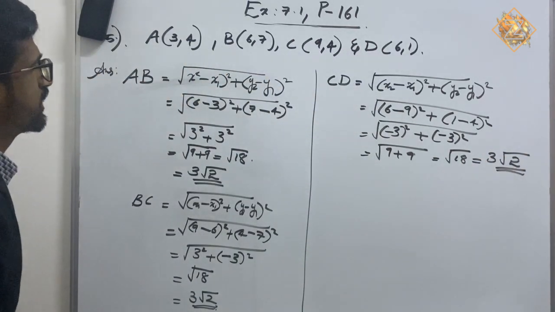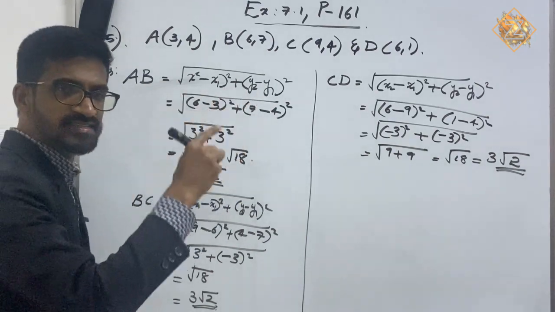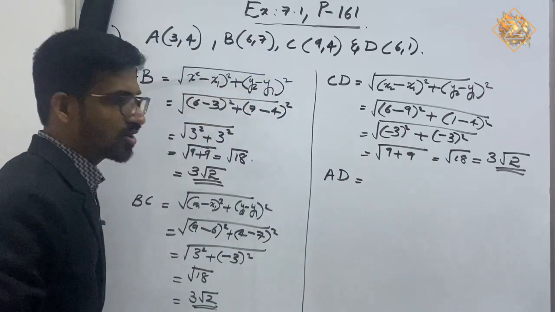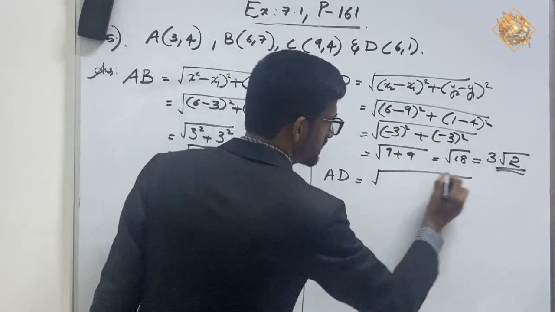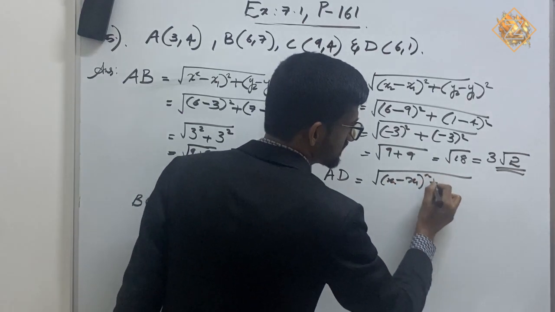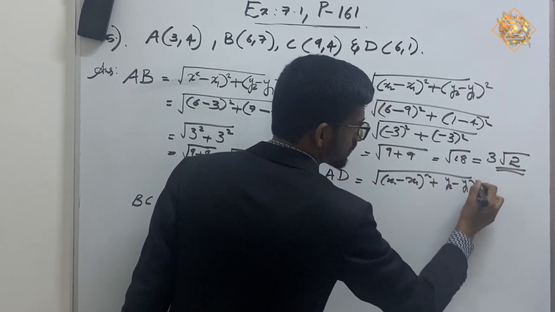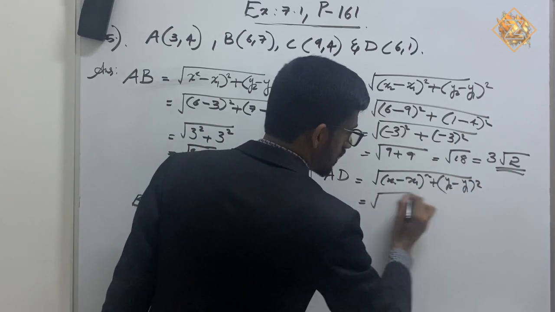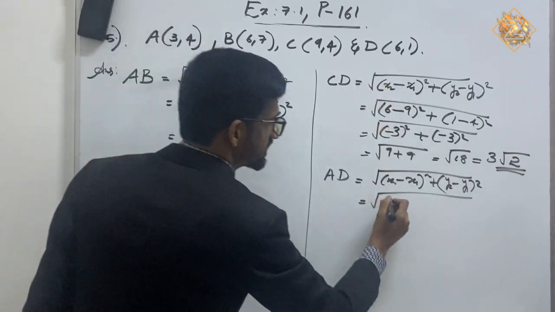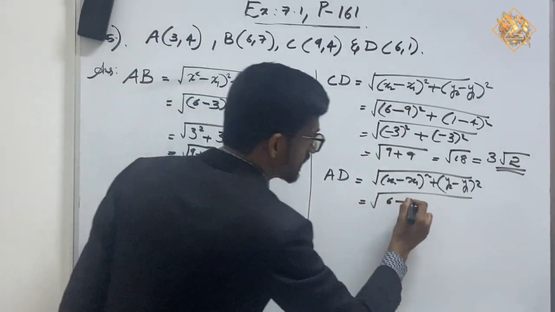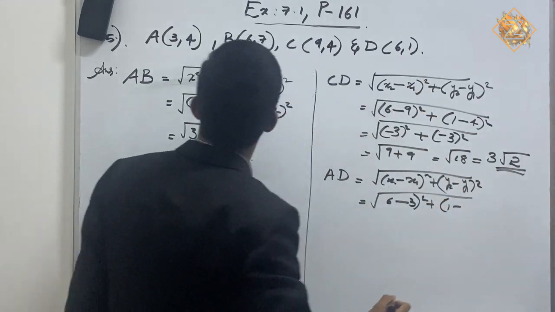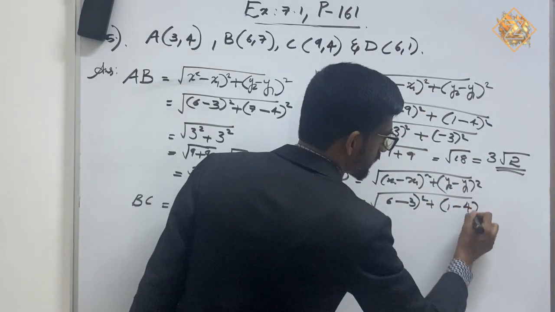Now we found AB, BC, CD, and finally we'll find AD also. For AD, again applying the distance formula, square root of (x2 minus x1) whole square plus (y2 minus y1) whole square. AD we are finding, so x2 is 6 minus x1 which is 3 whole square, plus y2 that is 1 minus y1 which is 4 whole square.